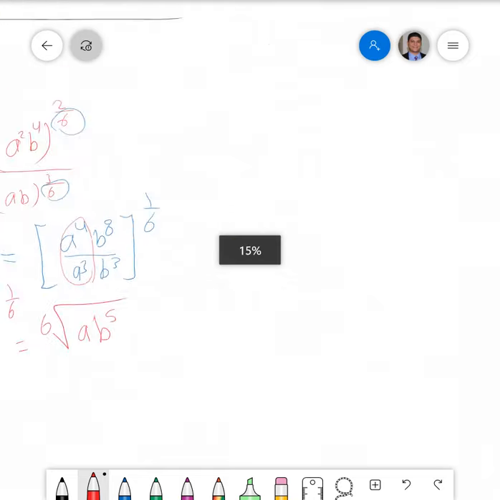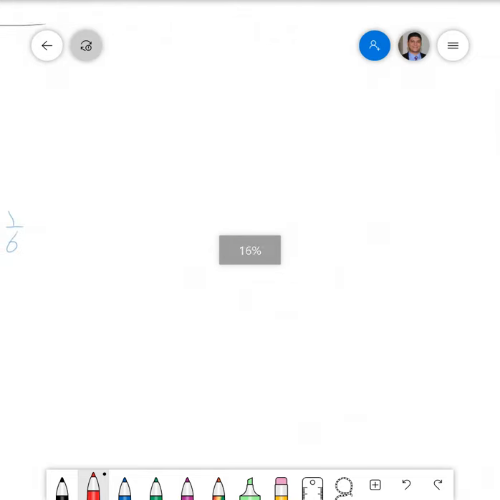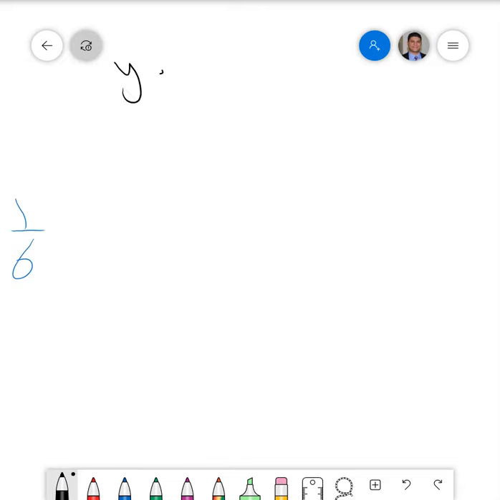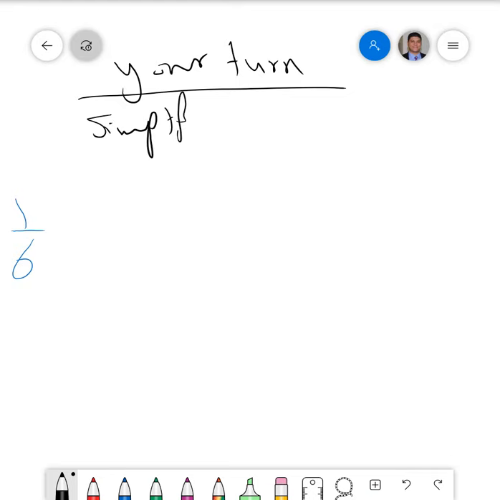Now your turn. Simplify: square root of x squared over 100.